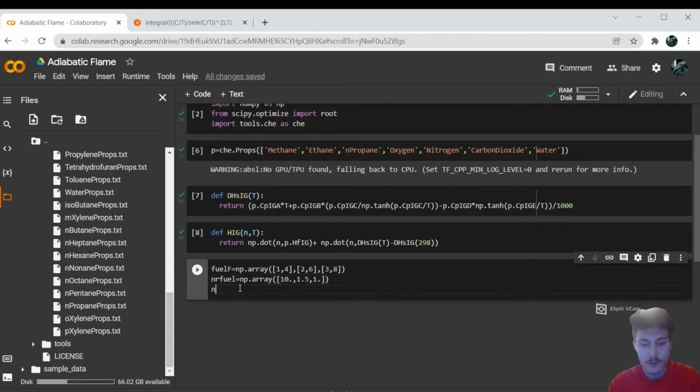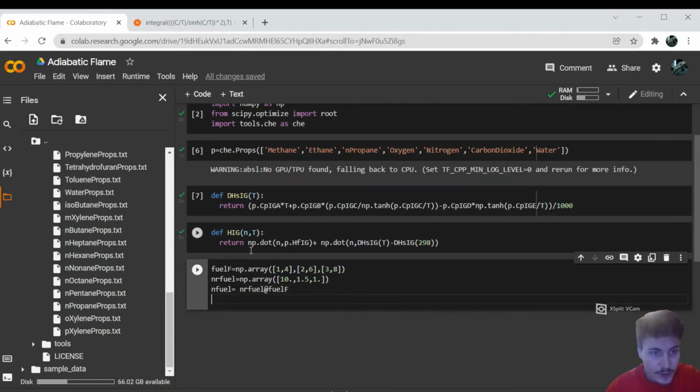So then now we can say that this is equal to matrix multiplied by fuel F, and then that should, yes, that lines up with that.